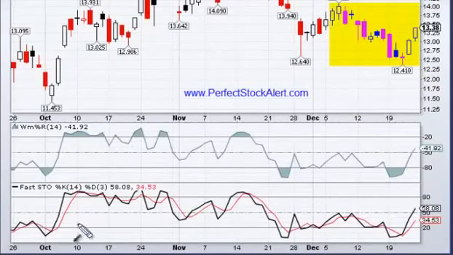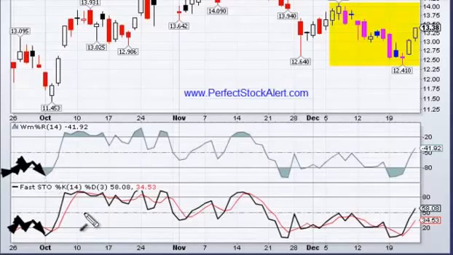Here we're looking at the two different indicators side by side. What the Williams percent R really is, is very simply the percent K of the fast stoch. It's identical. Every single move by the percent K of the fast stoch is tracked by the Williams percent R. There's no difference.